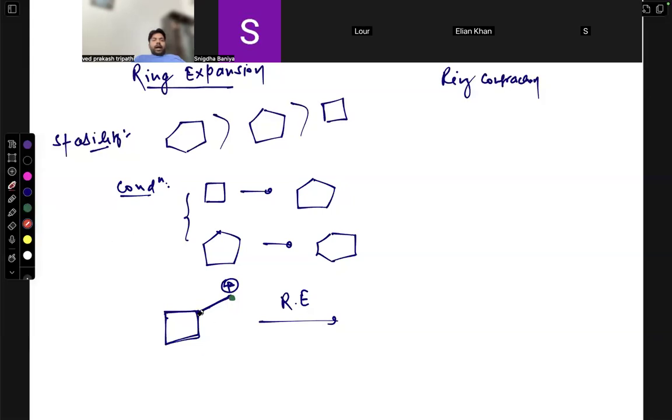So you can break either this bond or this bond. Any one. So suppose we are going to shift this one to this carbon like here. So you know that this is positively charged. It means this carbon should be negative. Then there is an attraction like this. Look at the concept here.